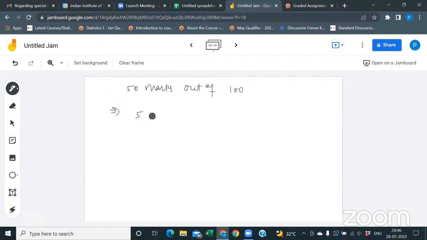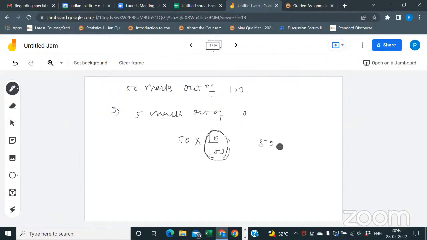That means you got 5 marks out of 10. How did you get this? 50 into 10 by 100, meaning you have to convert the whole thing to 10 points. Suppose it is 30 points, then it will be 50 into 30 divided by 100. Got it? Yes, sir, it's clear.